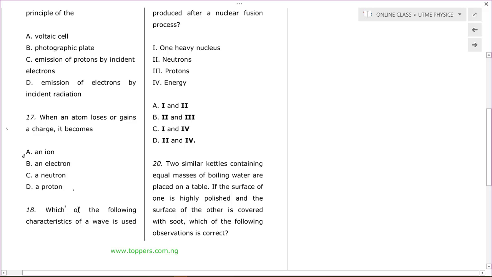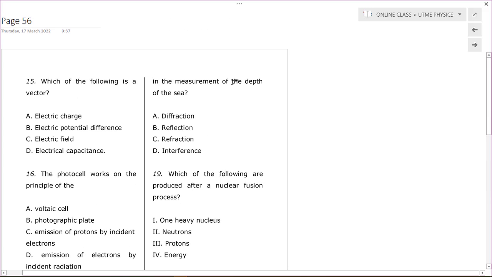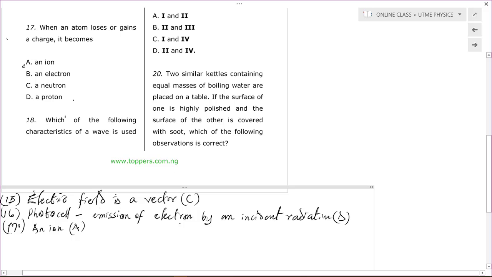Number 18 says which of the following characteristics of wave is used in the measurement of the depth of the sea? Diffraction, reflection, refraction, interference. The answer there is reflection.